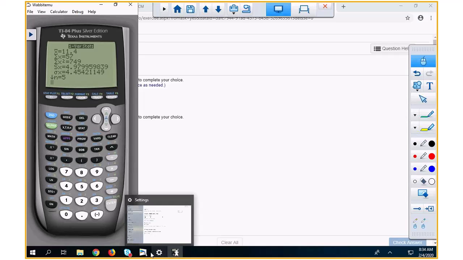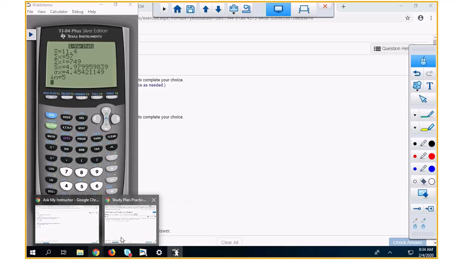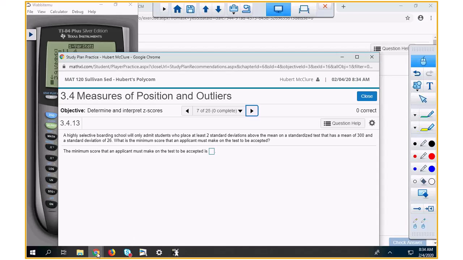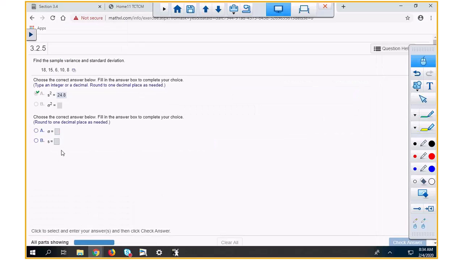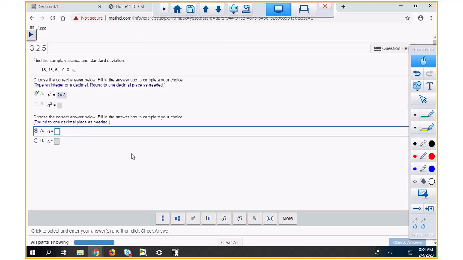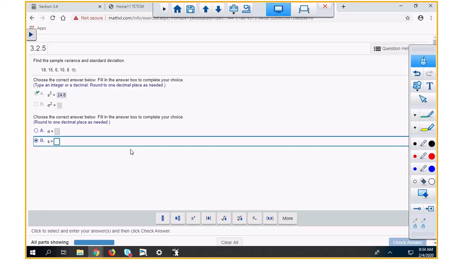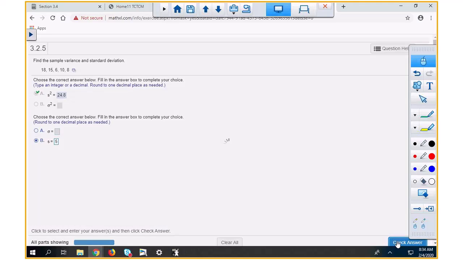Let's see what it says: round to 1 decimal place. 4.98 rounds to 5, doesn't it? And it should be S. I got a fantastic, so I feel good about myself. So I don't have to put $10,000 worth of money in a $1,000 car.